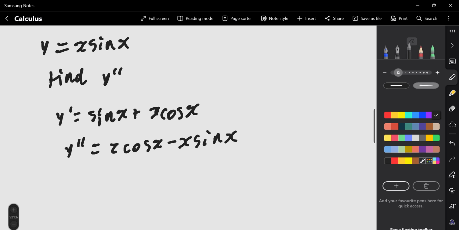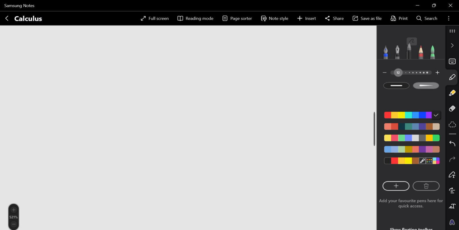Is that everything on the unit? No, rates of change. Okay, brilliant. Rates of change. That's the final thing. Let's go. These are worded questions.